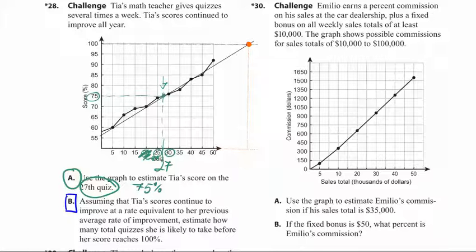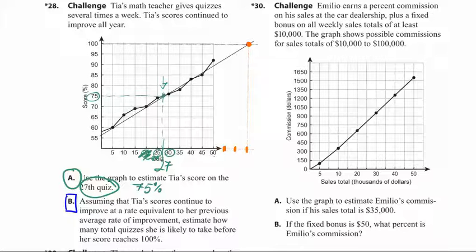and this is the approach of using your graph, you can approximate the number of quizzes, what would be the total number of quizzes when Tia will be able to reach that point.